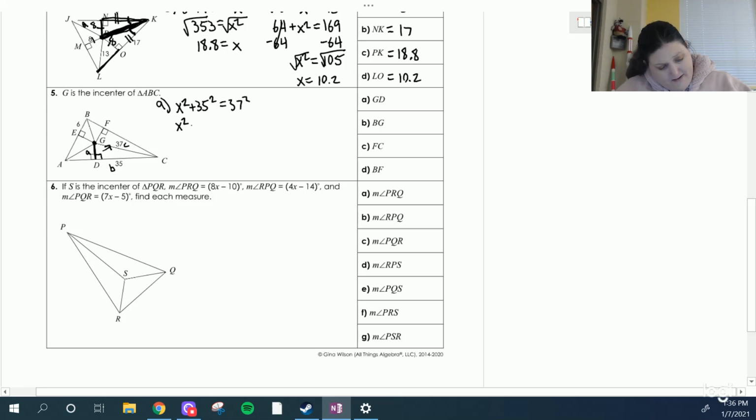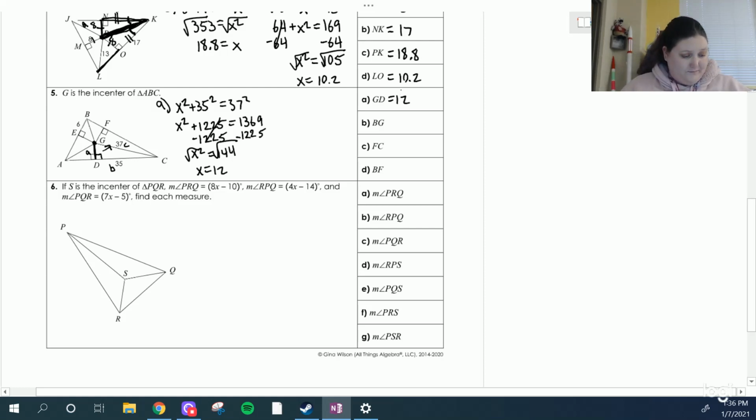When I simplify this, I get x squared plus 1,225 equals 1,369. I subtract 1,225 from both sides, and I get x squared equals 144. When I take the square root of that, I get x equals 12. So GD is equal to 12.